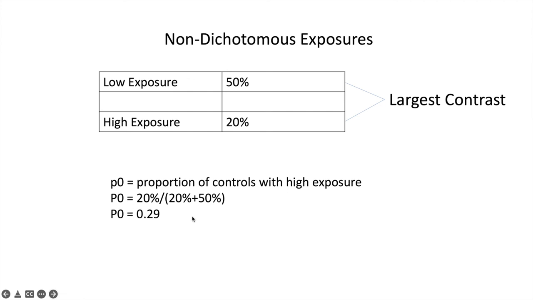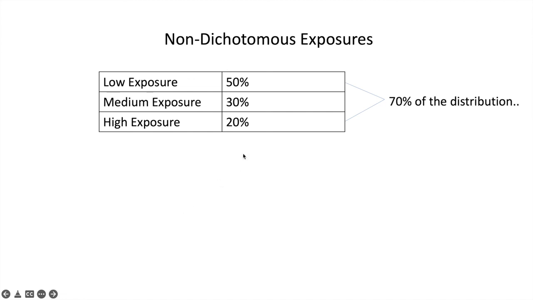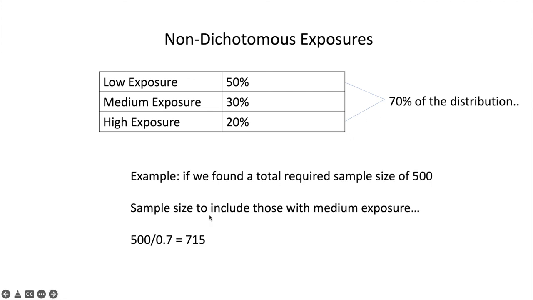So now we have a P0 and we're able to solve for the rest, but we have to recognize, like before, that we only used this 50% and 20%, so we only used 70% to find this calculation, but we're likely interested in including this middle layer. So we need to account for the fact that we only budgeted to detect this in 70% of the population, but we want to find it in 100%, so we figure out what our total sample size would need to be if this was only 70%.